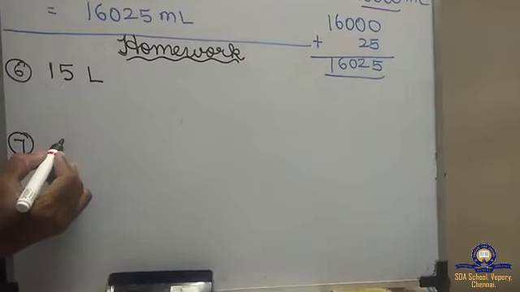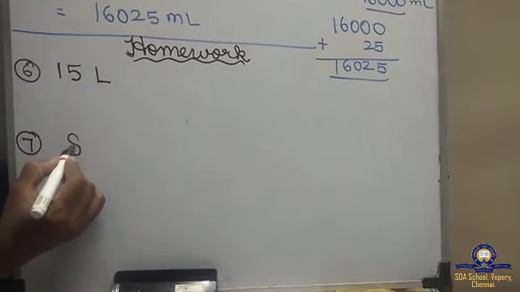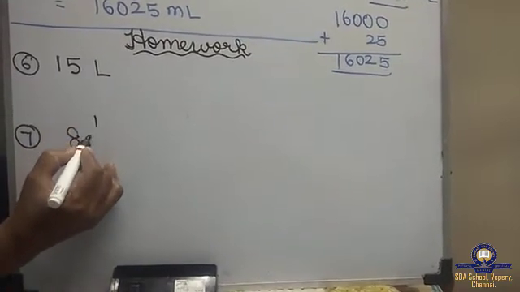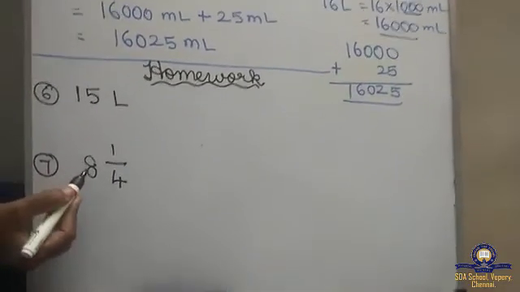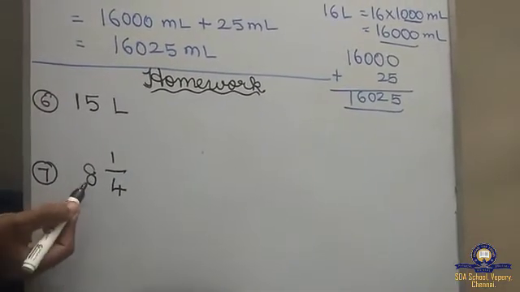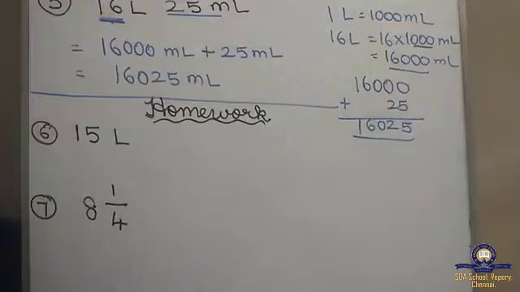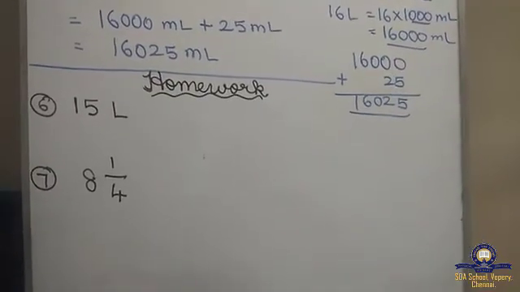See, I have given 1 by 4. Instead of 9, I have given 8 1 by 4. Don't get confused. Instead of 9, you can do the sum for 8. Okay, children? Don't get confused.